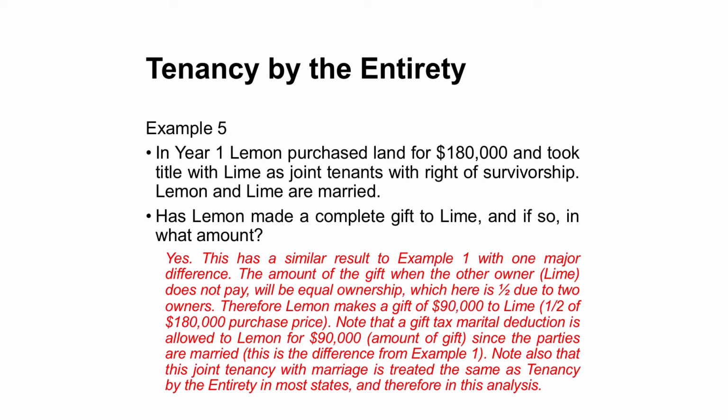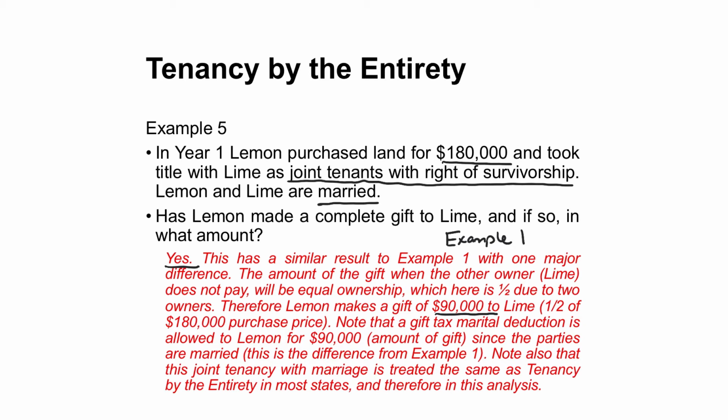So example 5, in year 1, Lemon purchased land for $108,000 as joint tenants with right of survivorship. And as I mentioned, joint tenants with right of survivorship, if you're married, is considered tenancy by the entirety in most states. Has Lemon made a completed gift to Lime, and if so, what is the amount? Yes. The completed gift is again going to be the $90,000, just like we saw in example 1, same calculation.